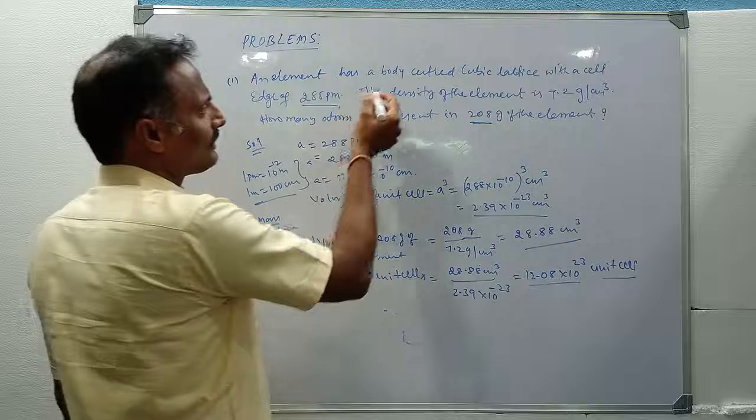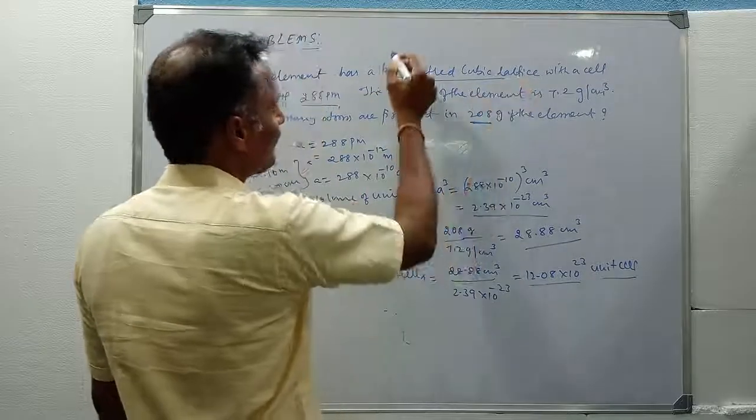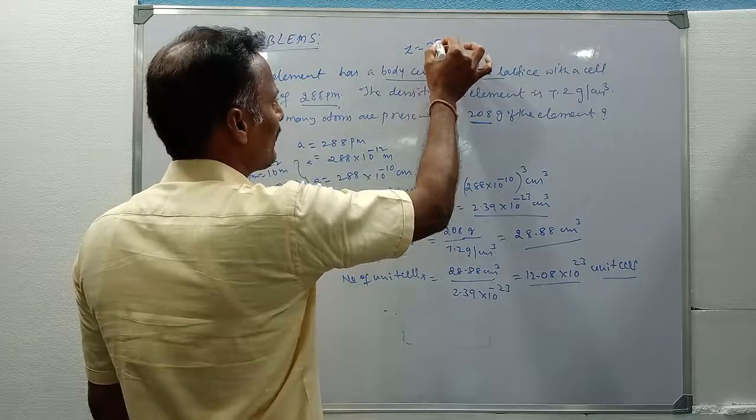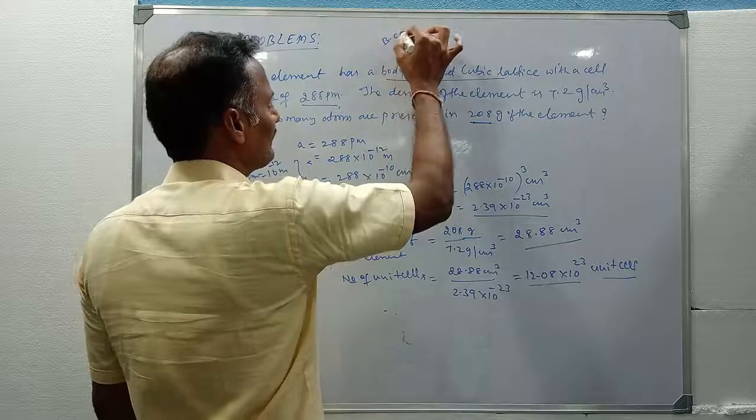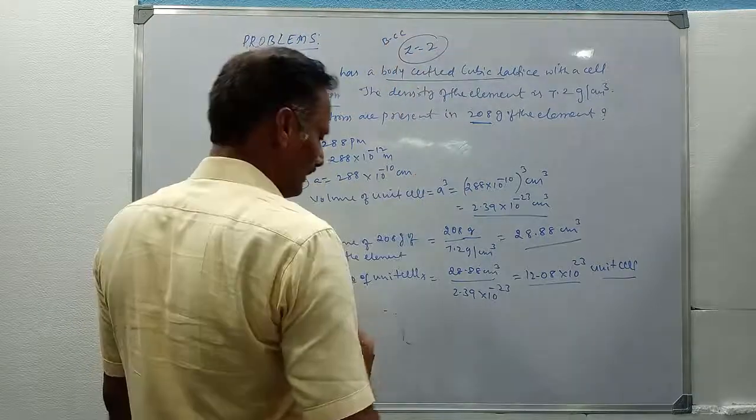Therefore, this unit cell is a body-centered unit cell, and a body-centered unit cell contains two particles. That is a BCC lattice. The BCC lattice consists of two particles.